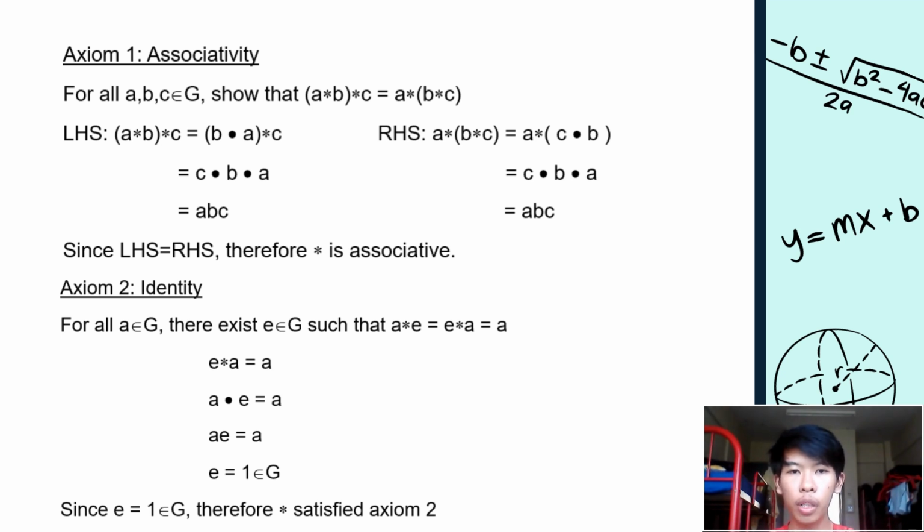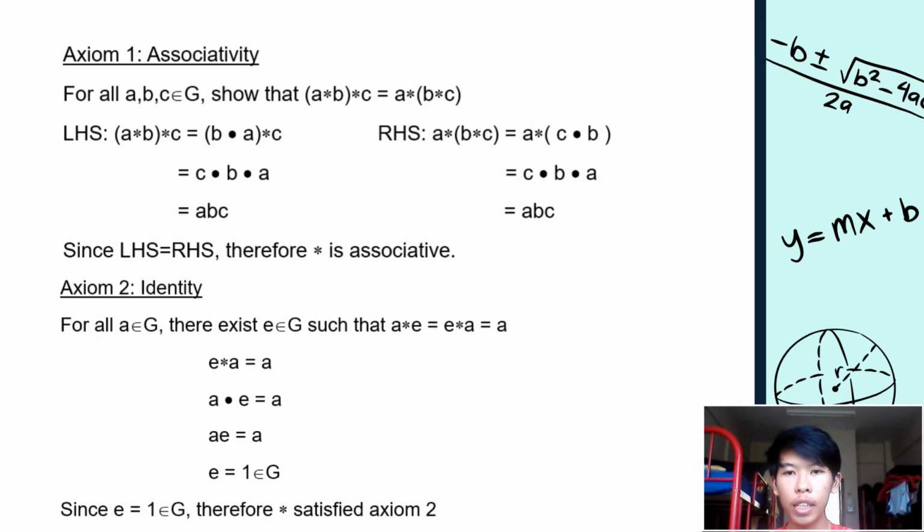Next, we move to right hand side. A * (B * C) equals to A * (C · B) becomes C · B · A. We also rearrange it and become ABC. Since left hand side is equivalent to right hand side, therefore the binary operation is associative.